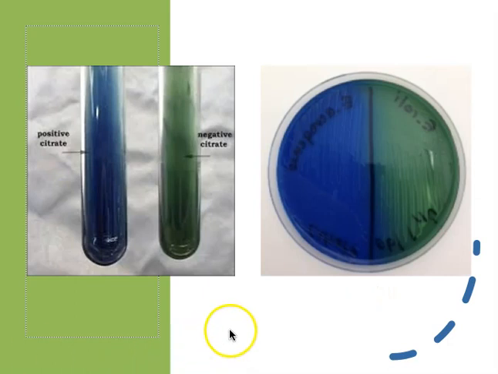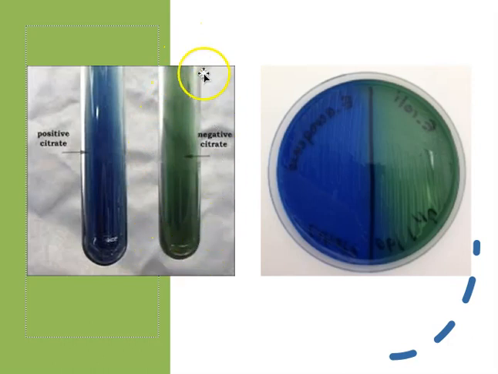On this slide, over on the left, you're looking at some Simmons citrate agar in a slant. It's hard to tell that these are slant tubes because the agar slant is actually facing us. But just like all agar slants, we can streak bacterial cells onto the surface and then allow them to grow.